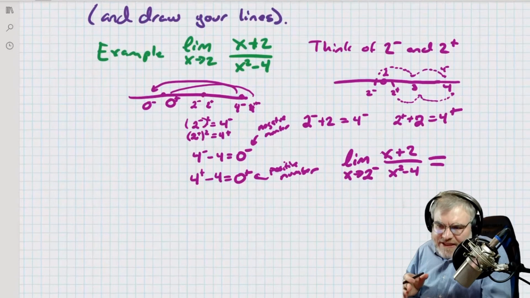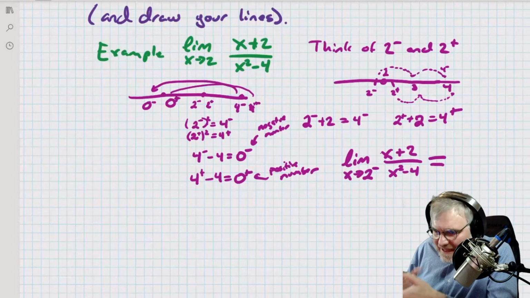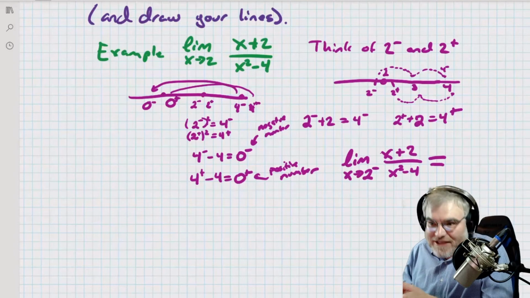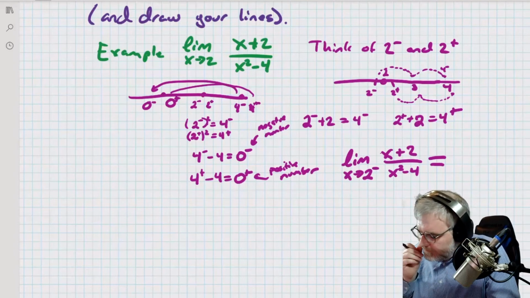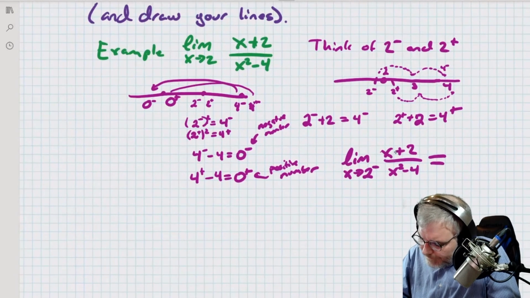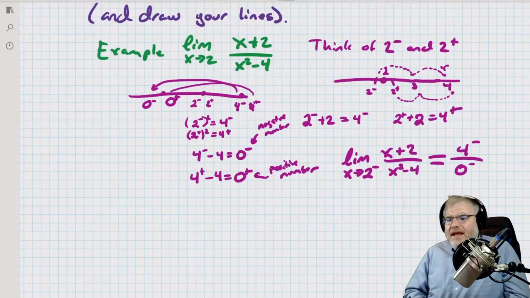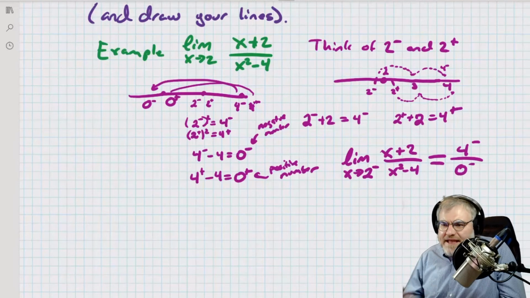I'm mixing an infinitesimal with a limit, and that's technically illegal, but I don't really care because it's useful as hell. This right here to the left is going to be 4 left over 0 left.